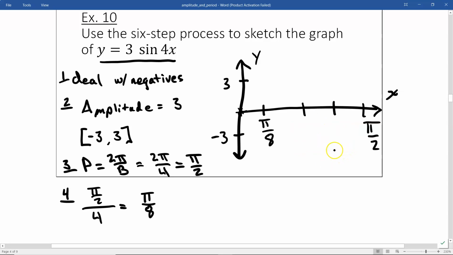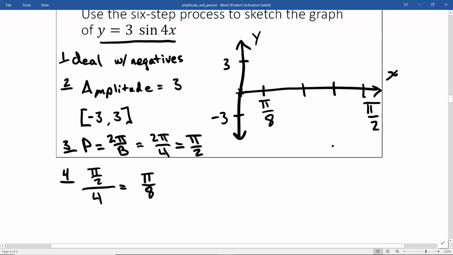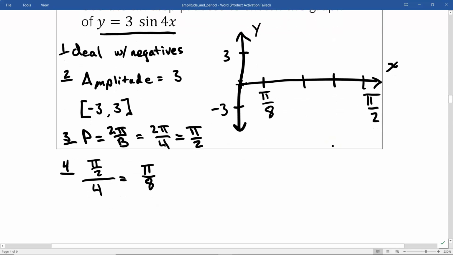And you can do this a number of ways, but one way that seems to be the simplest for everyone is just to add pi over 8 however many times you need to get to that spot. And what I mean by that is to get to the second spot, you just add pi over 8 to the first spot. So now we're starting step 5.